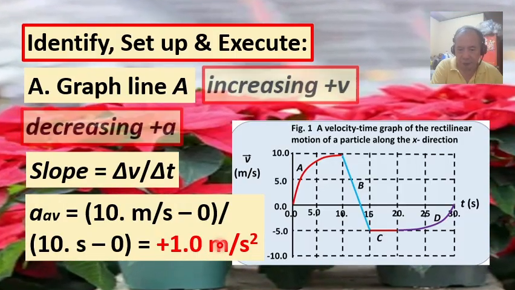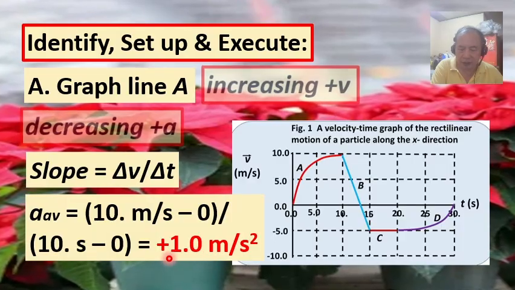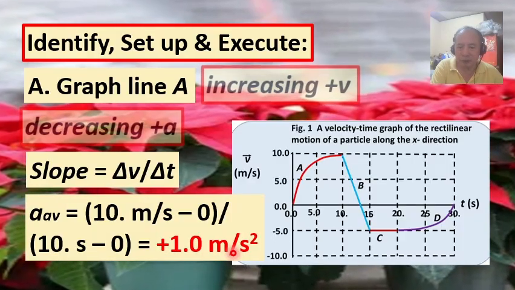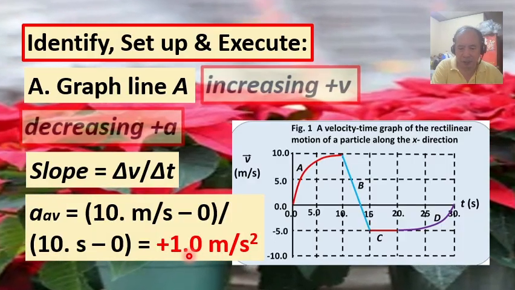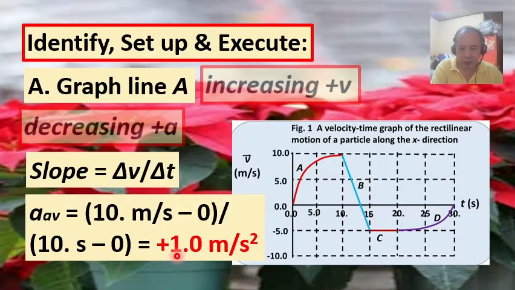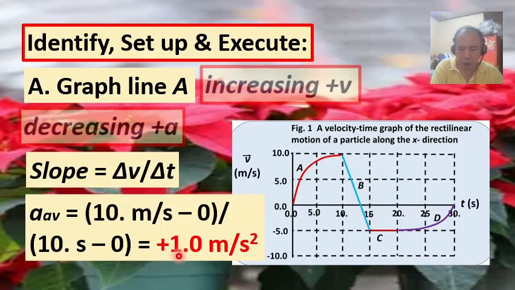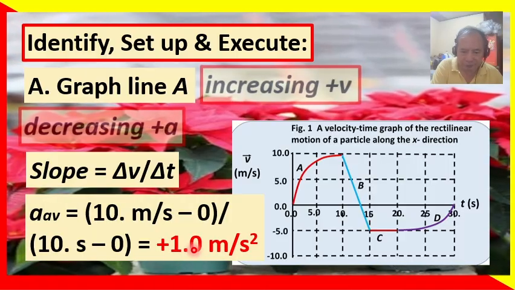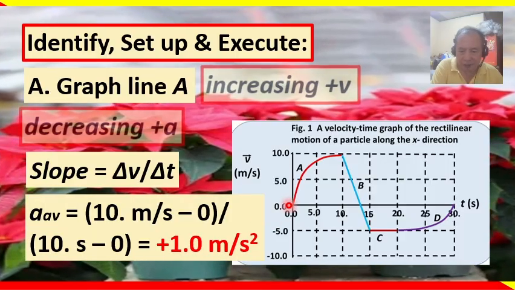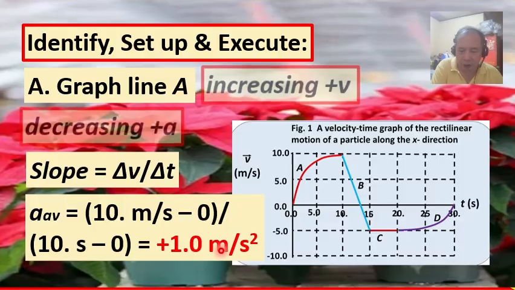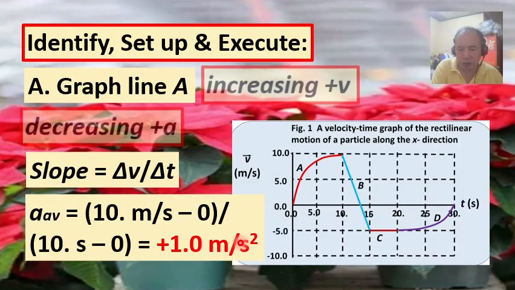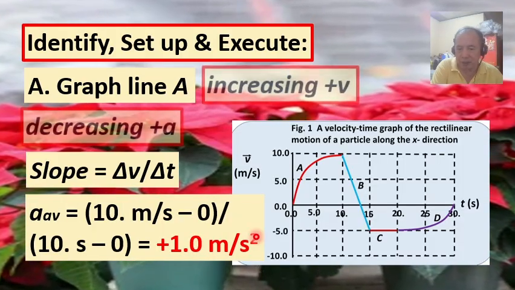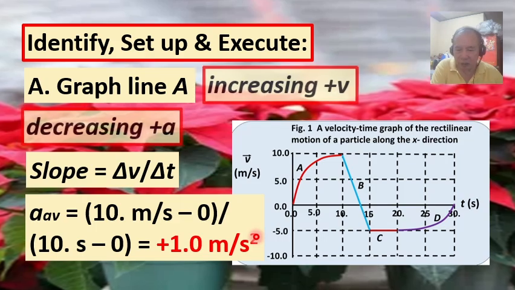All right? So obviously, the direction of the acceleration is positive, meaning eastward, relative to the origin. But then again, the value that we computed here is the average acceleration.